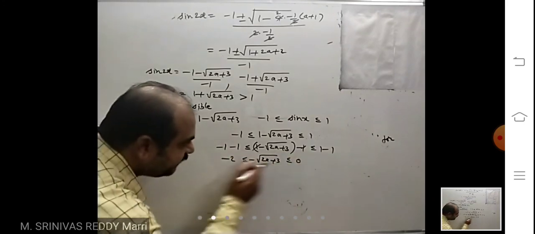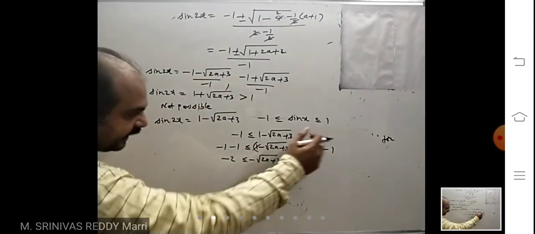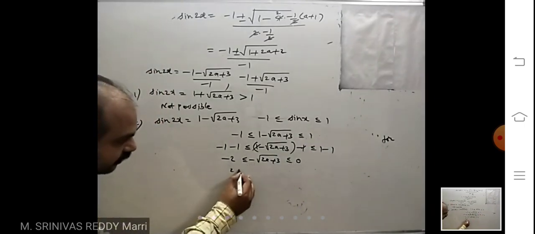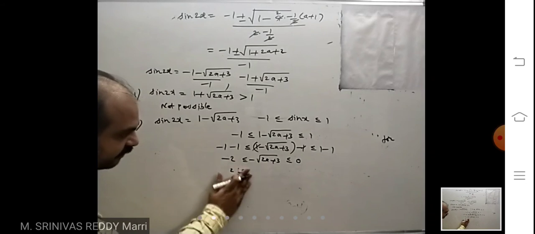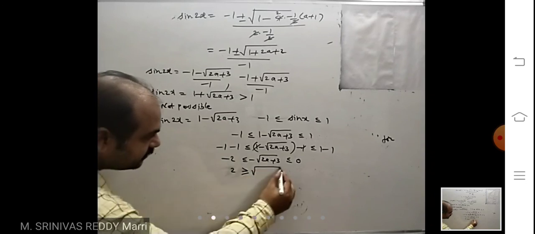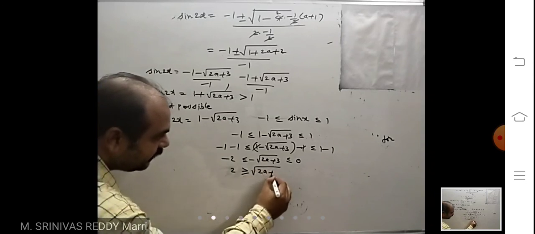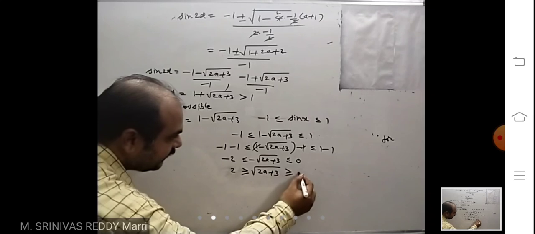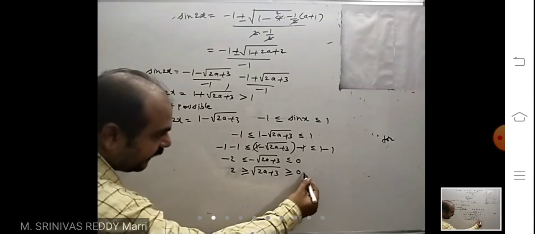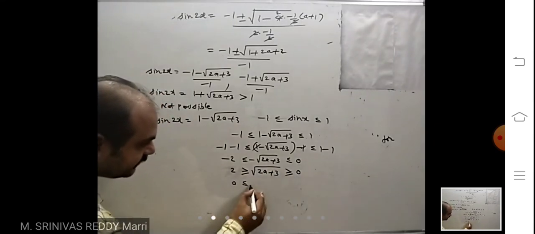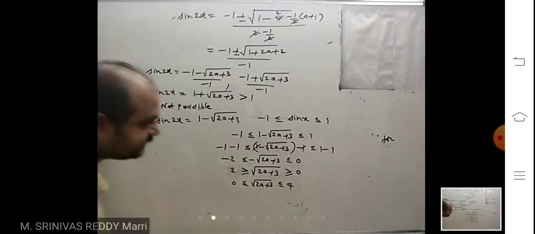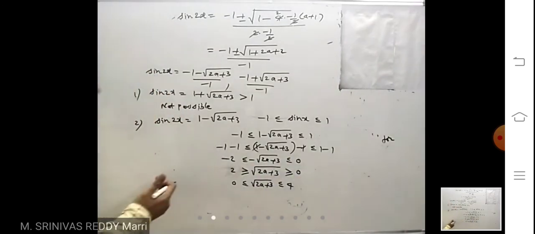Now I am multiplying by minus 1 throughout so that it becomes positive. If you multiply by minus, change the inequality: 2 is greater than or equal to root of 2a plus 3, which is greater than or equal to 0. Writing from that side, 0 is less than or equal to root of 2a plus 3, which is less than or equal to 2.